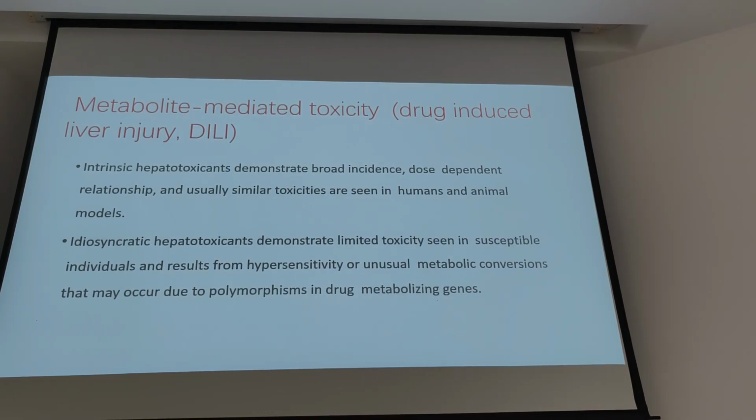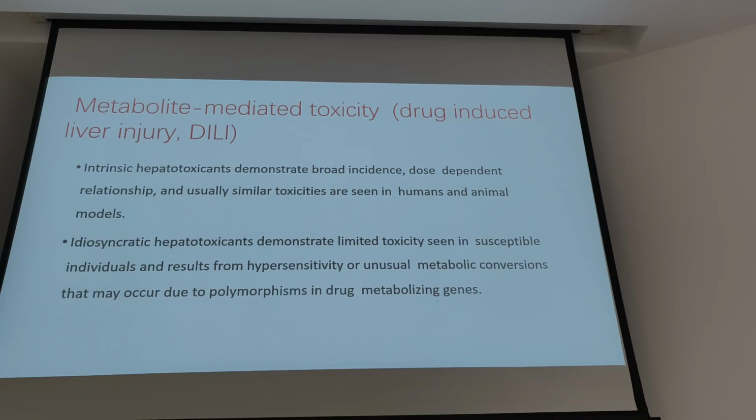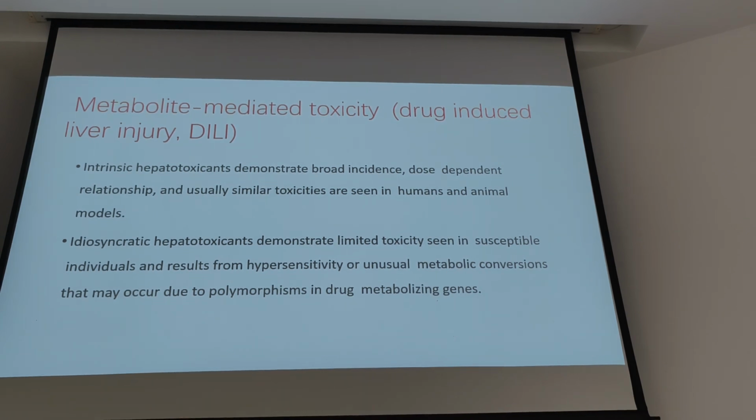But once we exceed some threshold, there will be acute liver disease which directly can kill us. So we have to make sure that the metabolites do not exceed such kind of threshold. And we have to understand what types of toxicants, especially hepatotoxicants, can affect our livers.